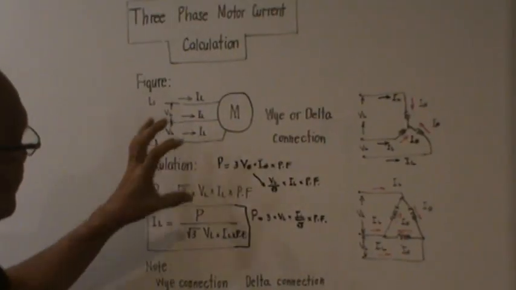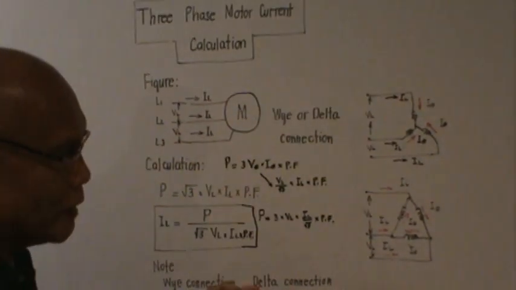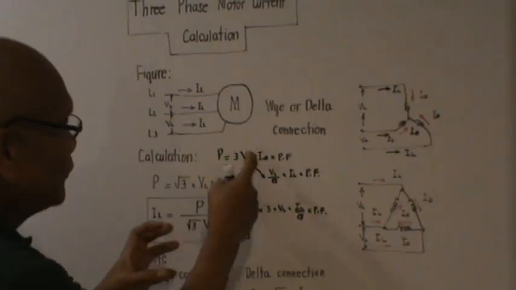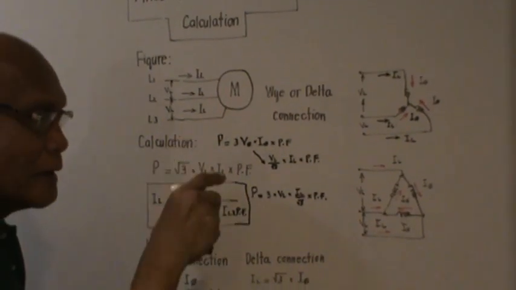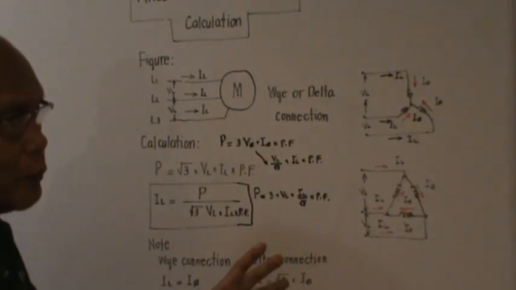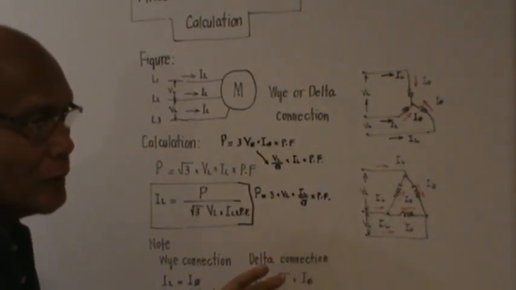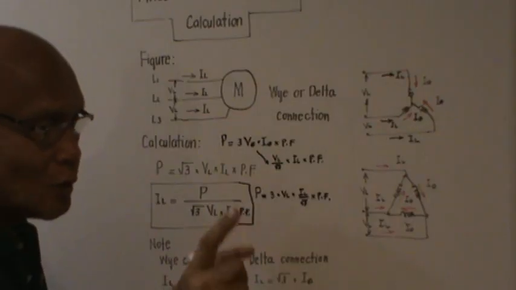If this motor is plugged into a three-phase source, it will draw the so-called line current. If we say a three-phase motor, the three line currents will be the same.